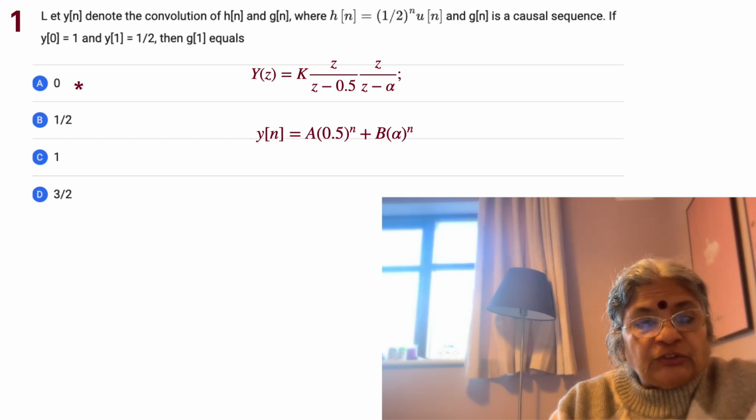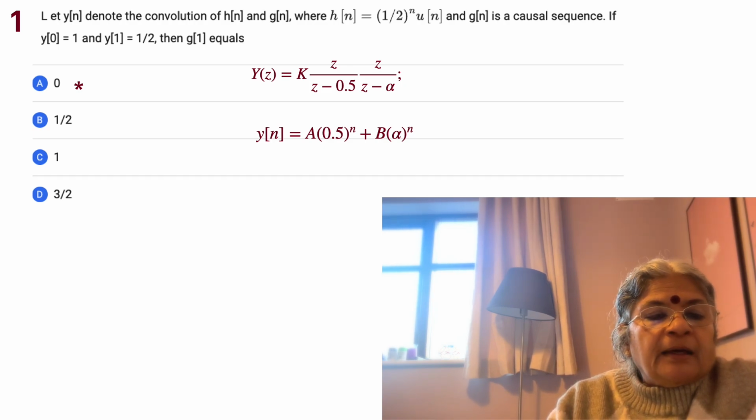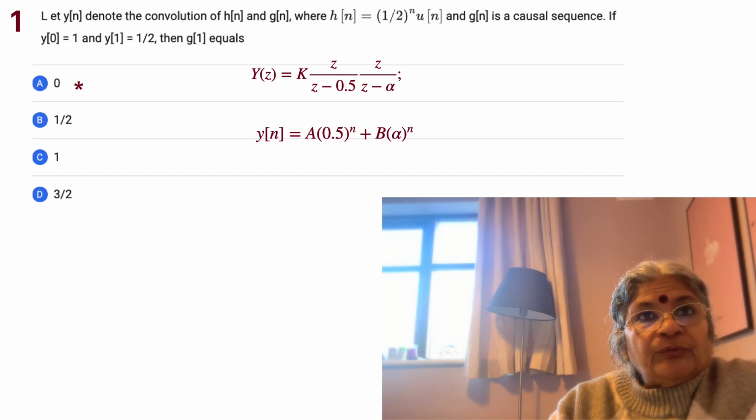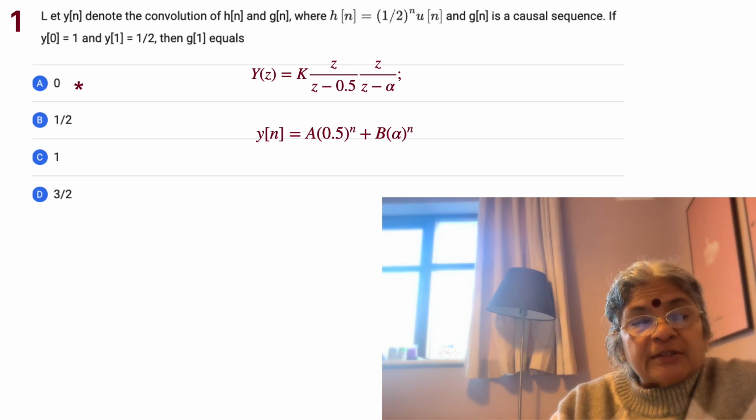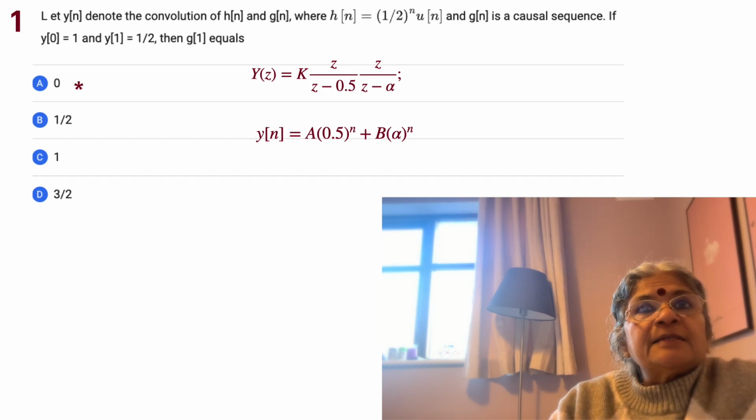Even here, convolution is important and useful too. It's a tool, by the way. Let y[n] denote the convolution of h[n] and g[n]. When you are convolving two discrete time signals, the procedure is the same. First and foremost, you take both h[n] and g[n] to the new axis, in this case normally the k axis.